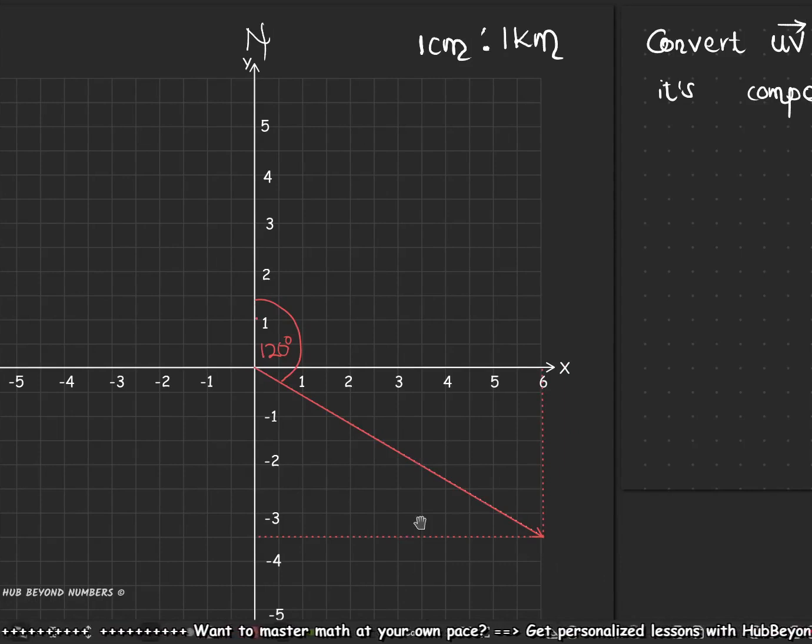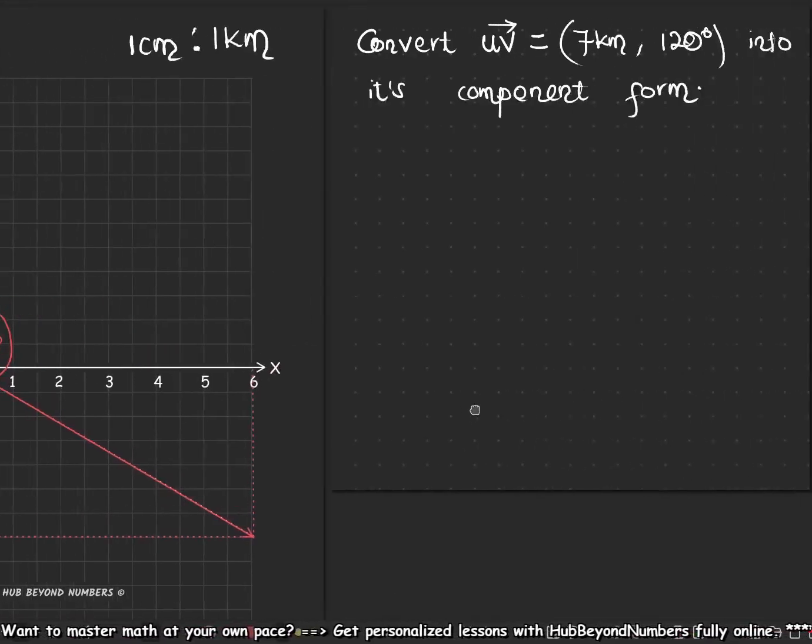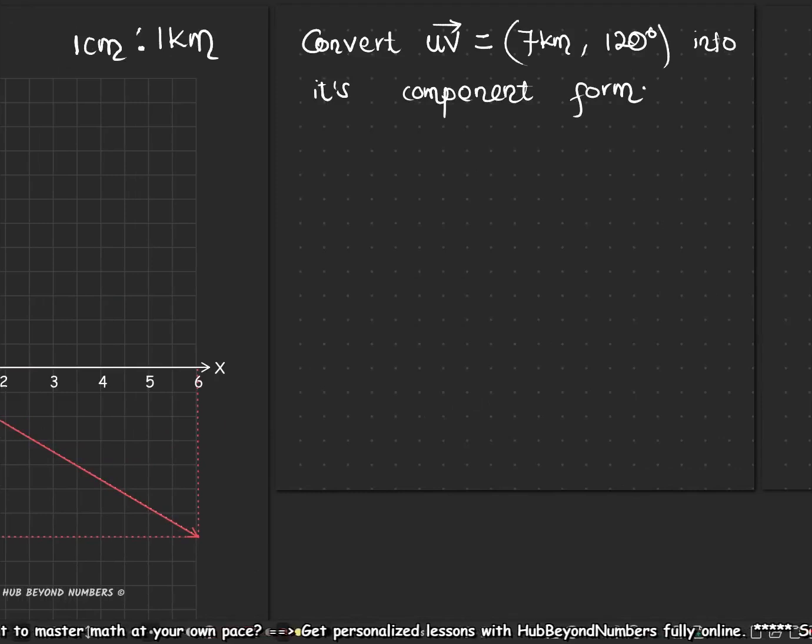And if we look at it carefully and then trace out x and then y, realize that on our x we are getting what? A 6. A positive 6 for that matter. And on our y we are getting a negative 3.5. You see? So we are coming to write that out.